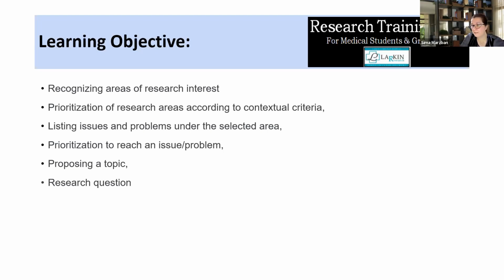So the first step is learning how to recognize areas for research. And the second one, how to prioritize the research areas. Any of us has a list of things that we like to explore in our subspecialty area, in our organization, in our clinical offices, and the places that we have worked together, our teams, our department.